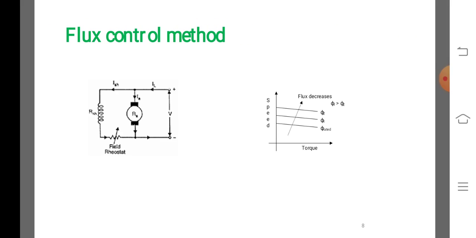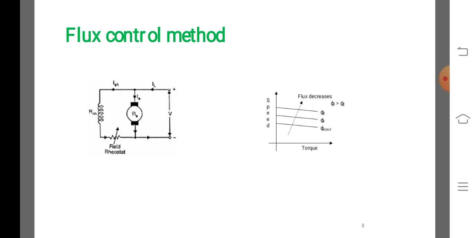Let us see the first topic, the flux control method. Flux control plays a very essential and important role in this DC motor control system, especially the flux control or field control having field diverter control.